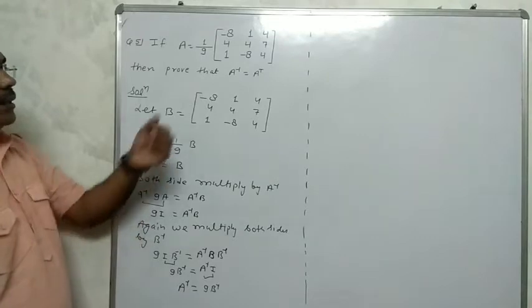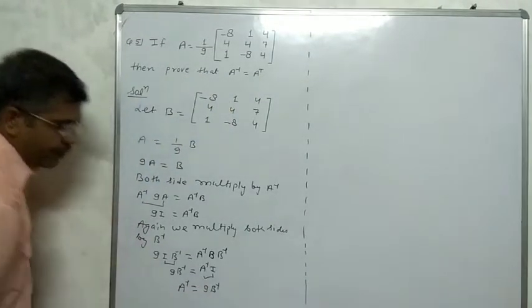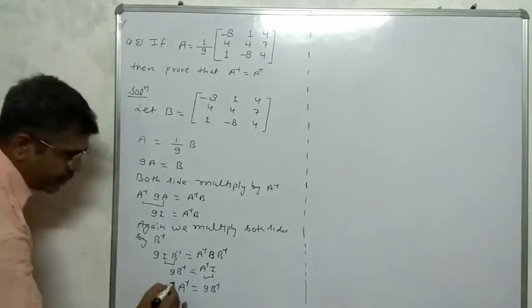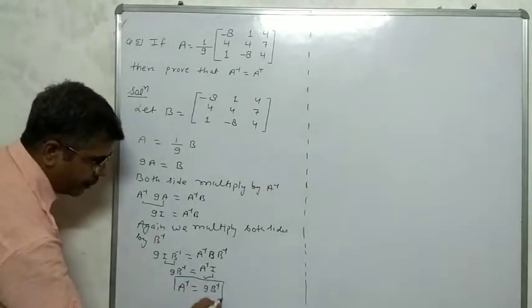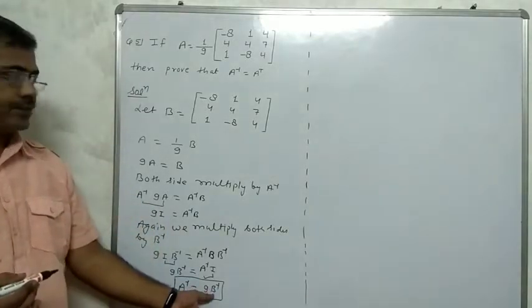Here we find A inverse first. So A inverse is 9 times of B inverse. So we find B inverse.